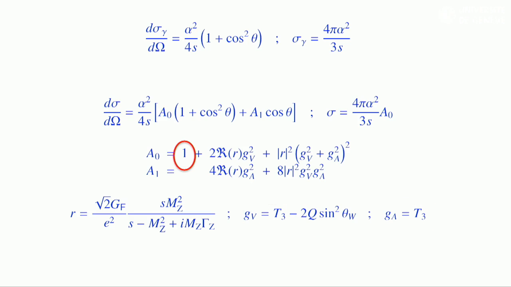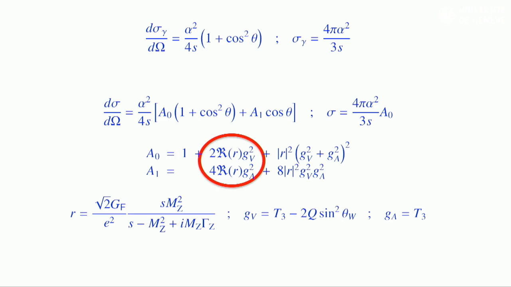At low energies, square root of s much less than mZ, where R is roughly equal to 0, the influence of weak interactions is negligible. We fall back onto the result found by electromagnetism, that is to say A0 equal to 1 and A1 equal to 0.